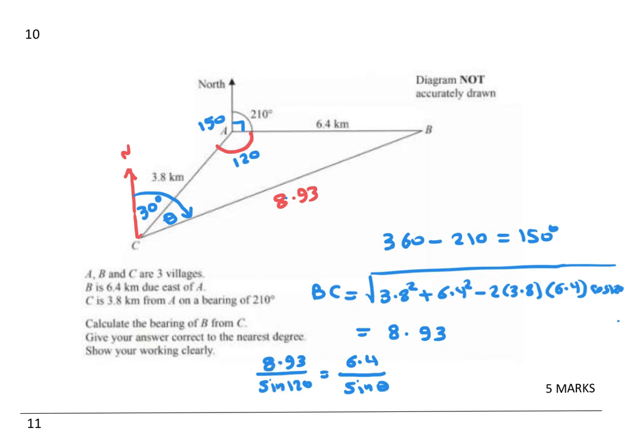Then you can find theta using sine inverse, or do it in one step: theta is sine inverse of 6.4 sine 120 divided by 8.93.